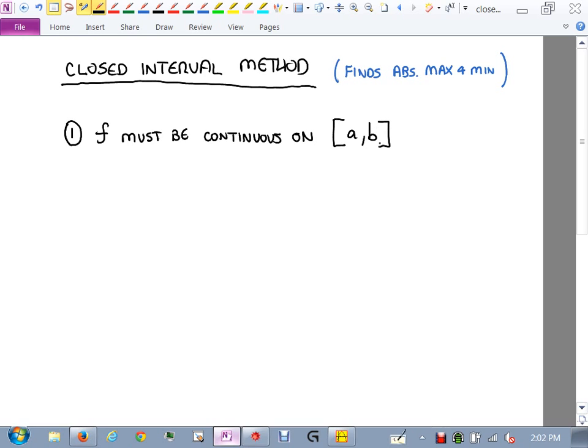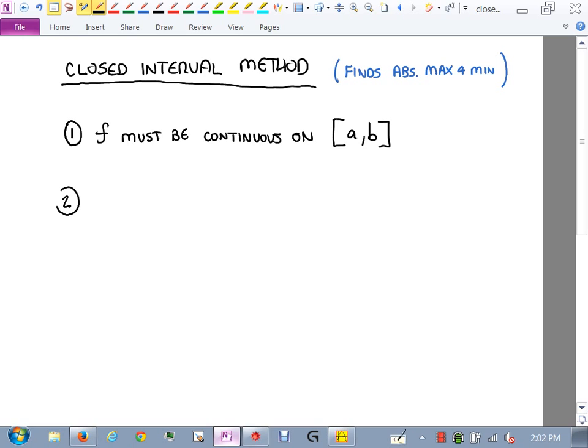When I say closed interval, I mean it's between two points and you include the endpoints. If that interval is not including one of the endpoints, you throw this out the window. You can't use it. It has to be a closed interval. So first thing, f is continuous on a closed interval. That's what you check for.